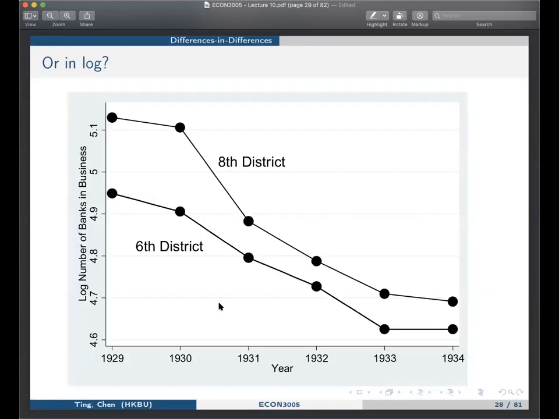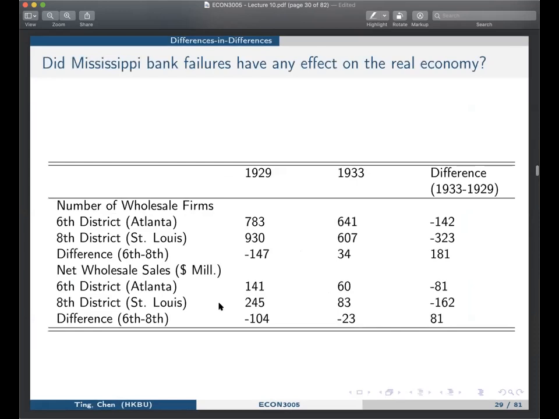So far, we looked at the outcomes, the effects of the central bank policies on the bank industry. You can extend this analysis to the real economy as well, because eventually we care about the real economy. So we use the number of wholesale firms and the net wholesale sales quantity as two measures of the outcomes of the real economy.